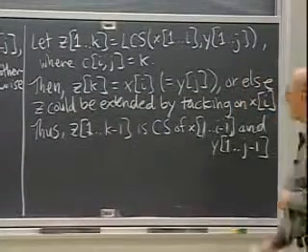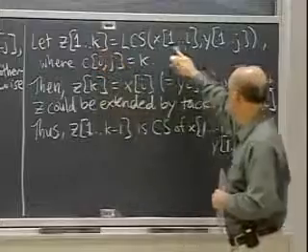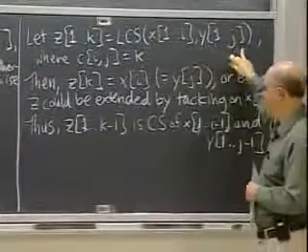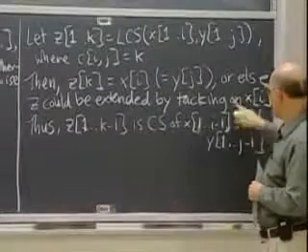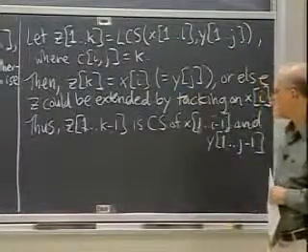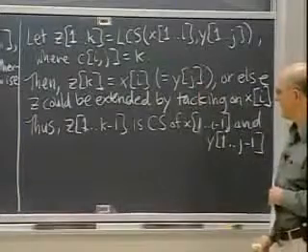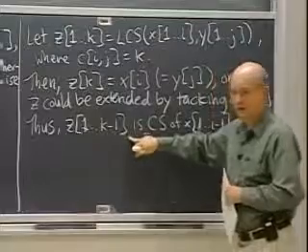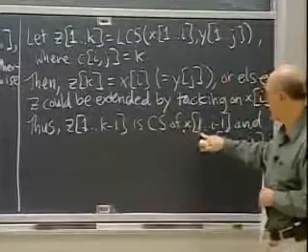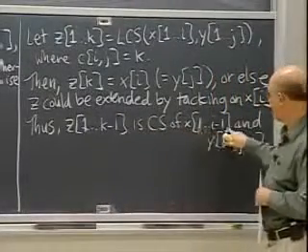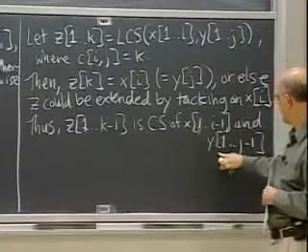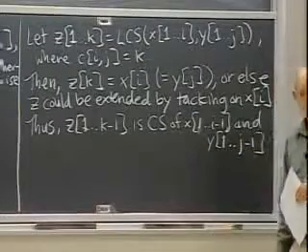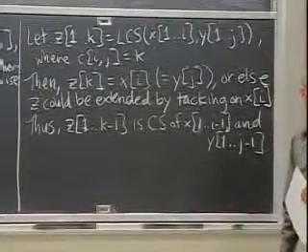Because z is a longest common sequence of x of 1 to i, y of 1 to j, and we know what the last character is. It's just x of i, or equivalently y of j. So therefore, everything except the last character must at least be a common sequence of x of 1 to i minus 1, y of 1 to j minus 1. Everybody with me?